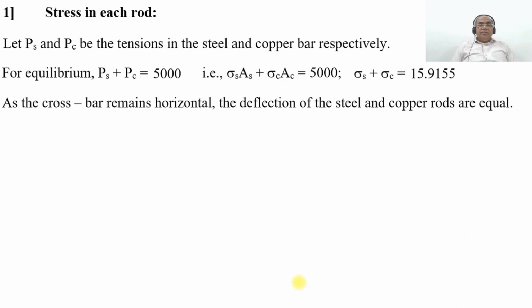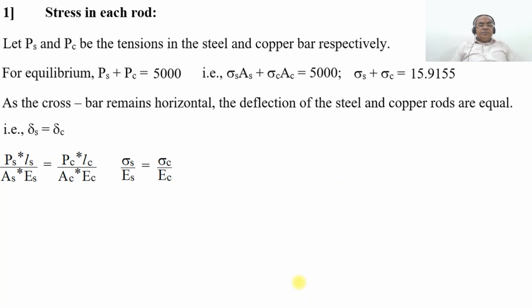As the crossbar remains horizontal, the deflection of the steel and the copper are equal. So that means delta S will be equal to delta C, which is PS into LS by AS into ES is equal to PC into LC by AC into EC. So PS by AS is equal to sigma S, so sigma S by ES is equal to sigma C by EC, because the length of the steel bar is equal to the length of the copper bar.